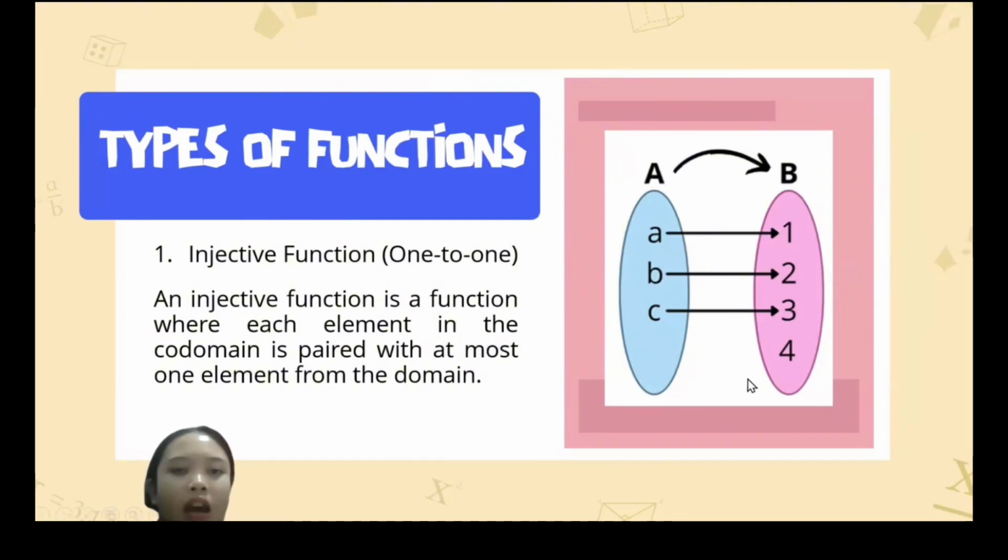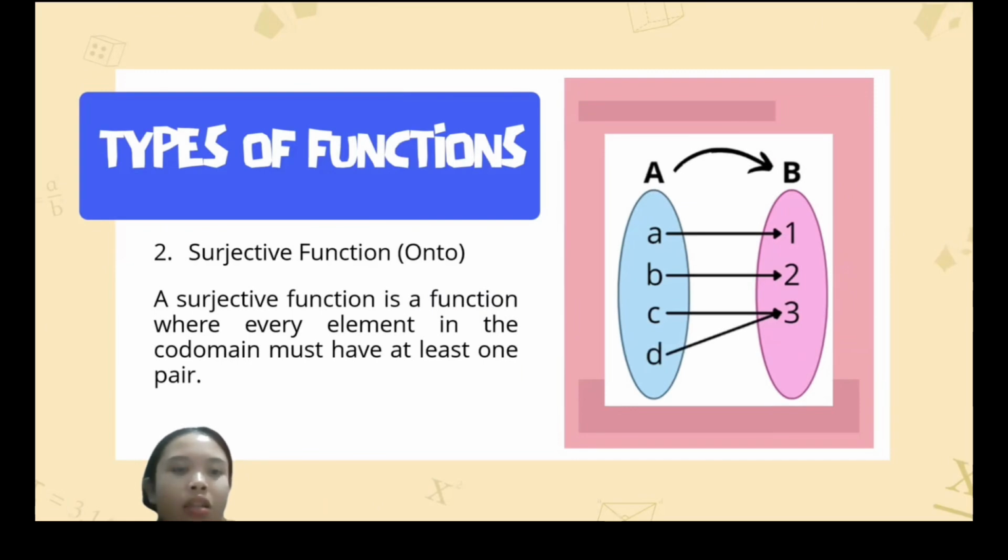This diagram is an example of an injective function because each element in the codomain, which is set B, is paired with only one element from the domain, which is set A. Even though there is one element in the codomain that has no pair, which is 4, it is still considered an injective function.